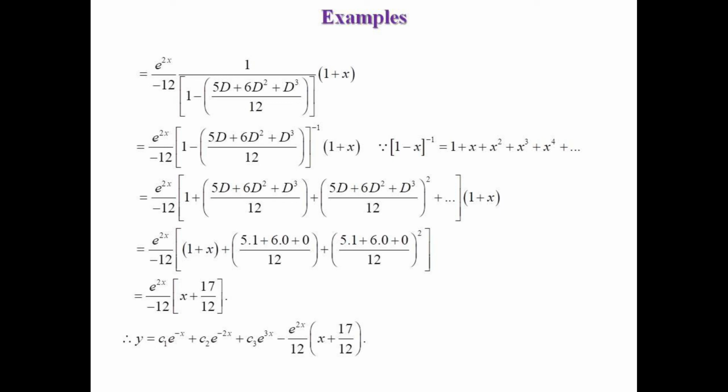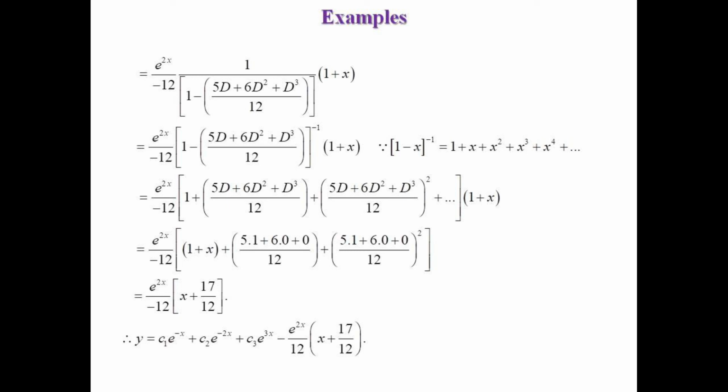So upon 12 as it is. Again in the second bracket we get 5 into the derivative of 1 plus x, which is 1, plus 6 into the second derivative, which is 0, plus the third derivative of 1 plus x, which is 0, upon 12 its square. Once again if we simplify this term, we get the final answer for the particular integral as e raised to 2x upon minus 12, in bracket x plus 17 upon 12. So this is the value of the particular integral.